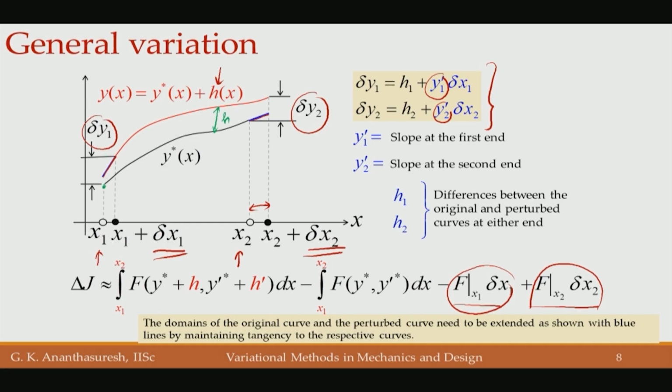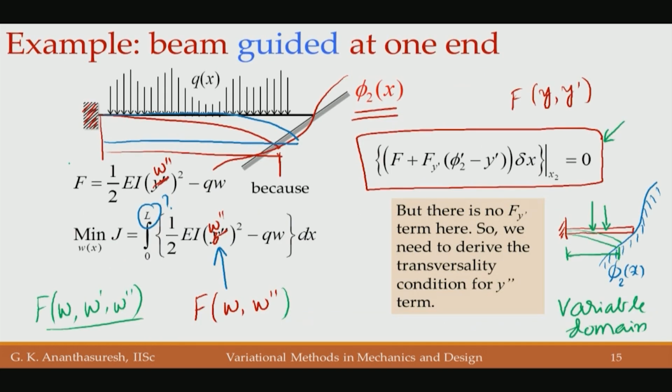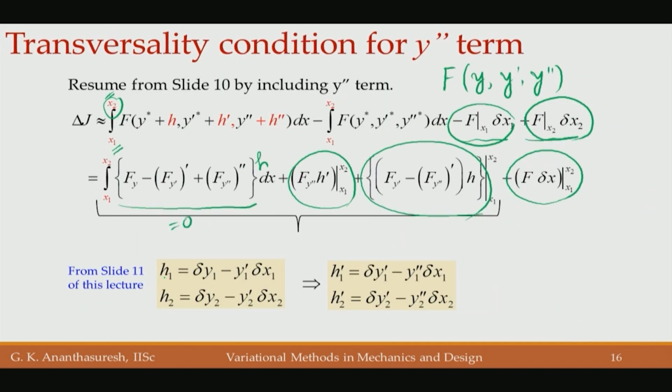See, x1 was here, it has moved to this point, x1 y1 was here, it has moved, x2 y2 here. So, those two if we compare, that gives us delta y1. Okay. So, this is now delta y1. Okay. So, the same difference we have to make here, saying that h1 and delta y1 is related in this manner, which we had already used.